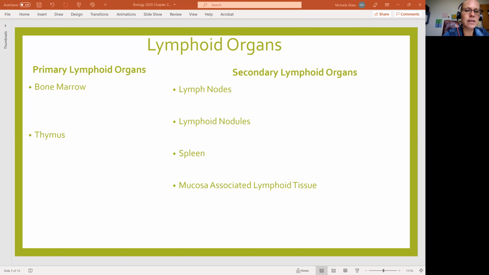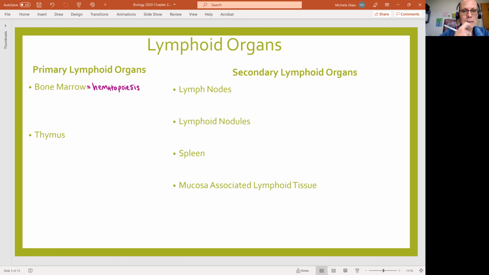And this is because here is our location for hematopoiesis, which we studied in a lot of detail in our cardiovascular chapter. Hematopoiesis is all about the formation of blood cells, all of the formed elements, and that does include our lymphocytes.